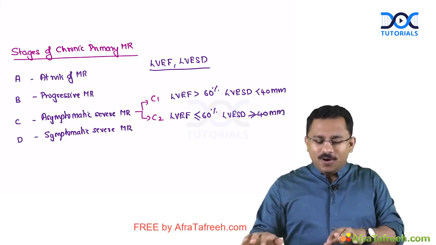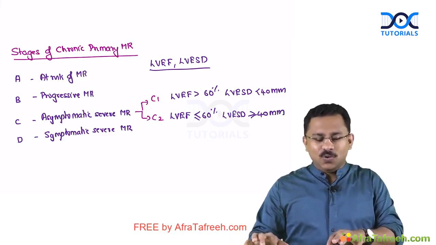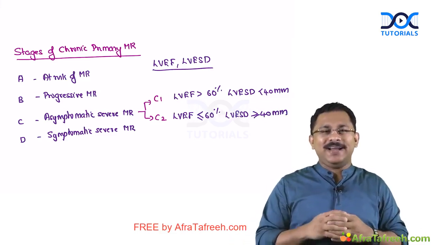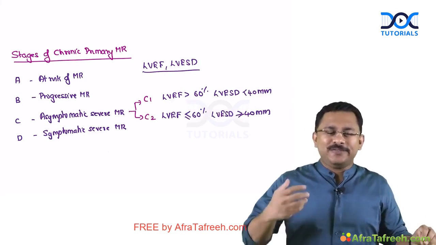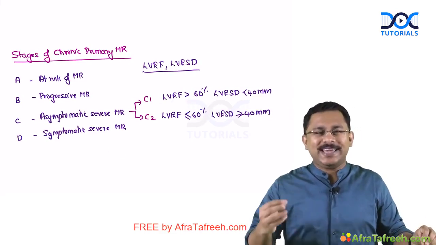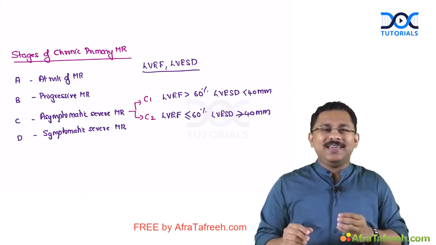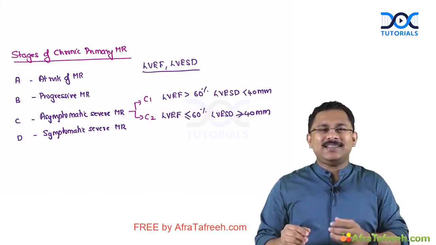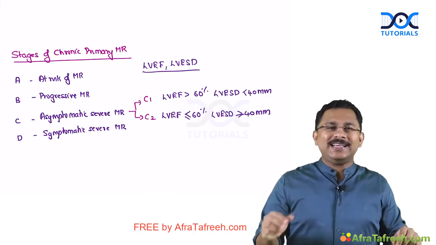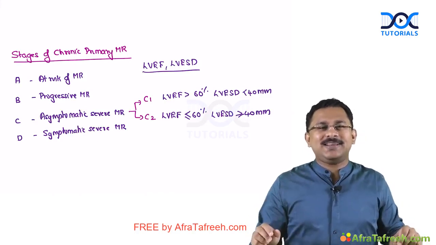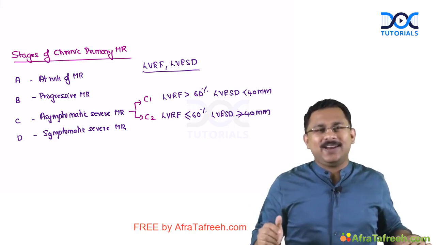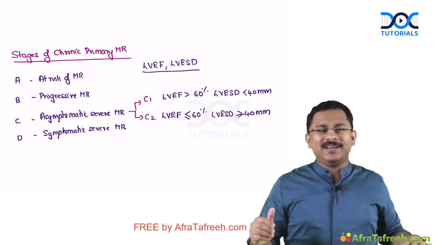Remember, in all patients with known or suspected primary mitral regurgitation, you're definitely going to go for a transthoracic echo, and you have to have a baseline evaluation of the LV size and function, the RV function, the LA size, the pulmonary artery pressure, and the mechanism that has led to the primary mitral regurgitation.